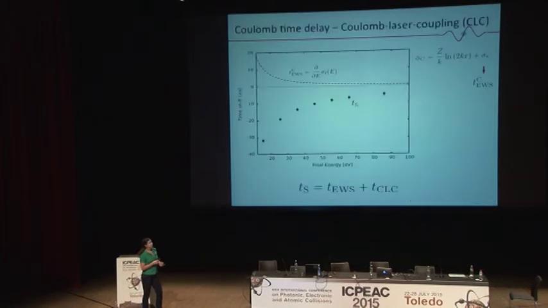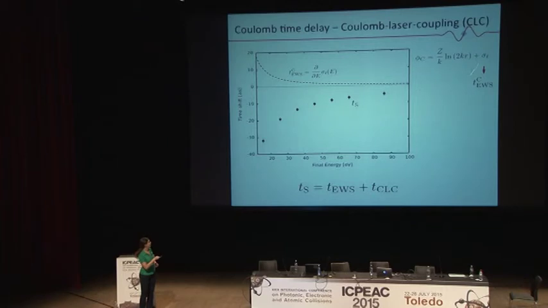If we look into that a bit more closely, we have here the streaking delay in the dots as a function of final kinetic energy. This is just for hydrogen. If you look at the Coulomb phase, we have the short-ranged part, the scattering phase shift of the Coulomb phase, of which we can take the energy derivative, which gives us this Coulomb Wigner delay, plotted up here, but this does not agree with the streaking simulation.